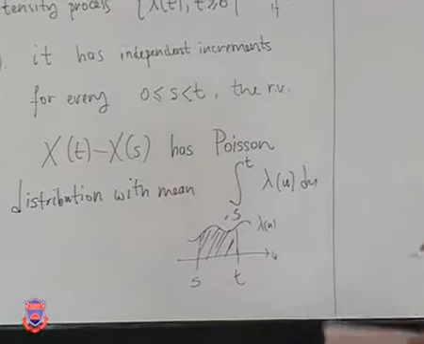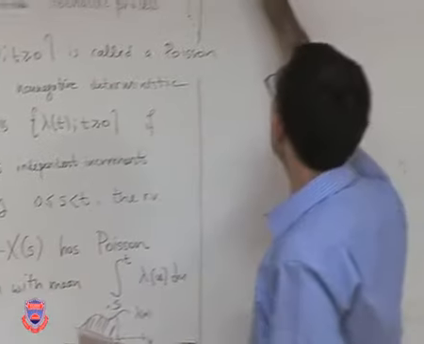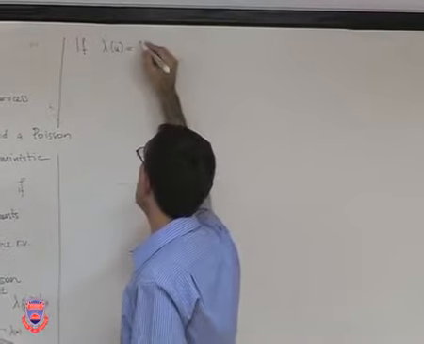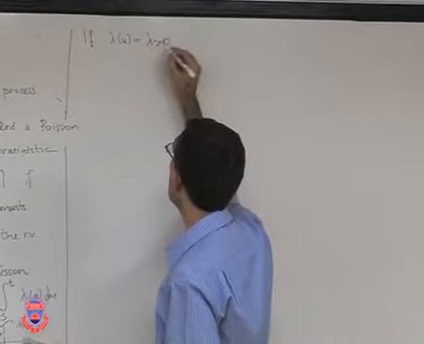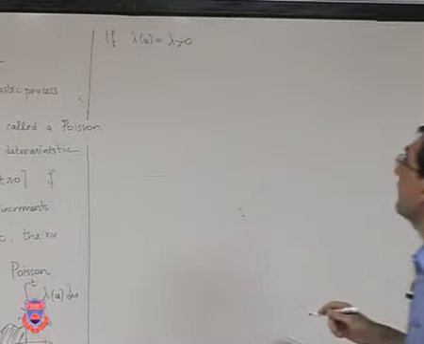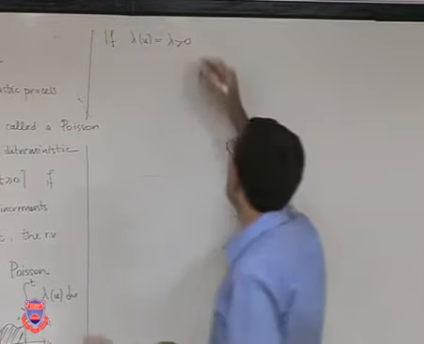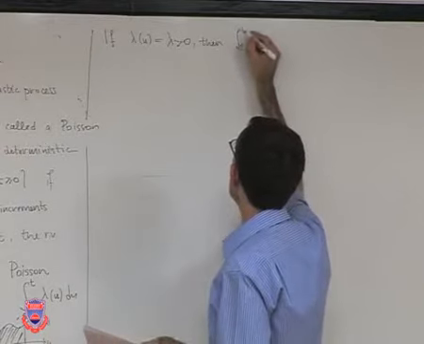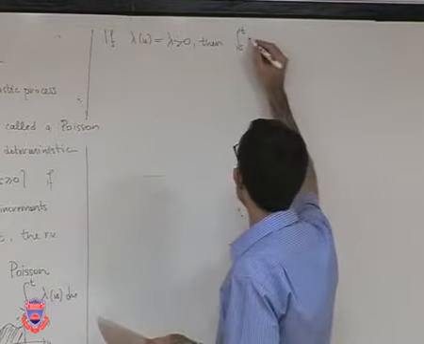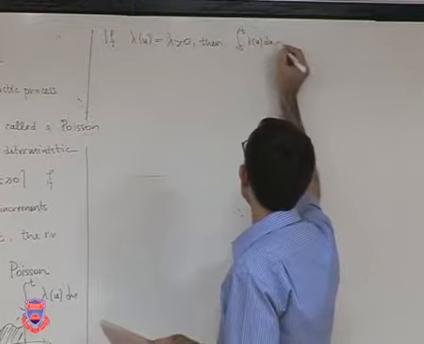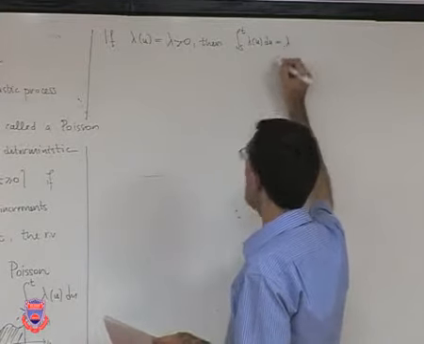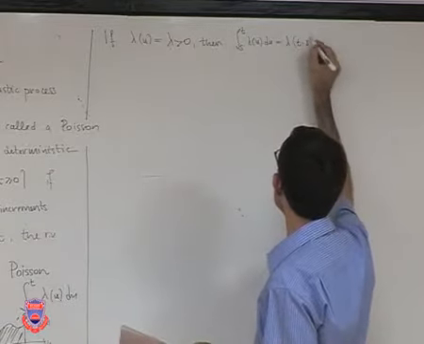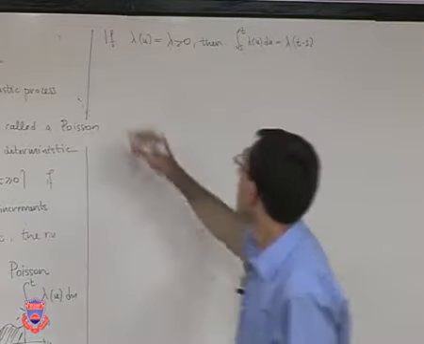And we said if the intensity lambda u remains constant, for some given positive constant lambda, then that mean of the Poisson distribution is always lambda times the length of the interval, t minus s.